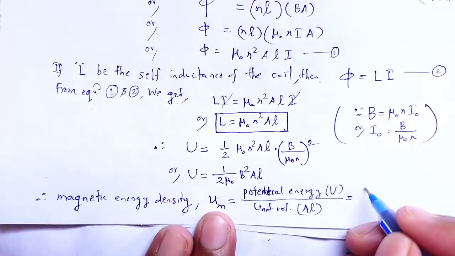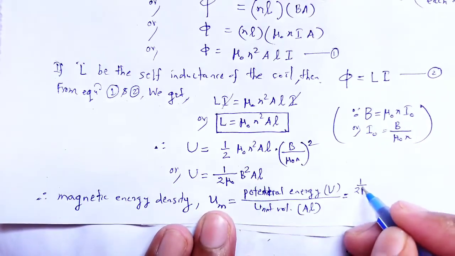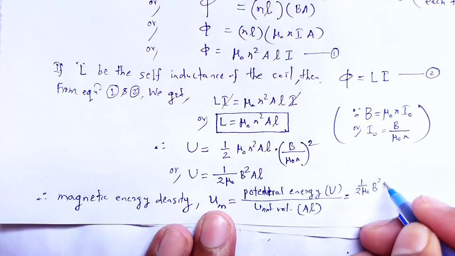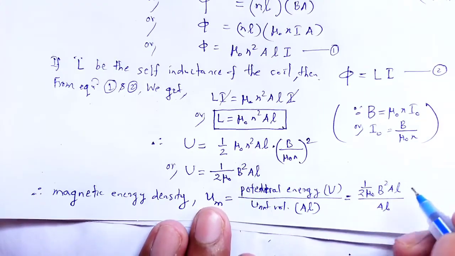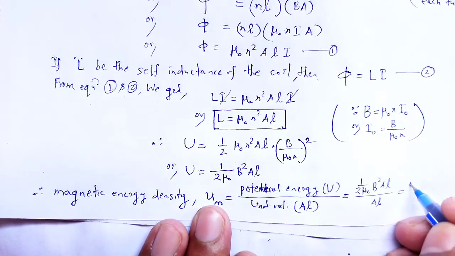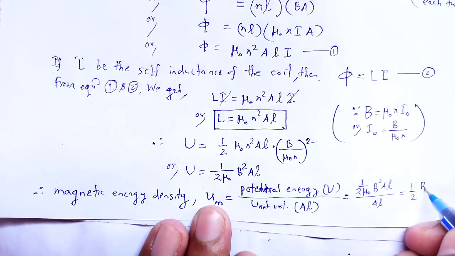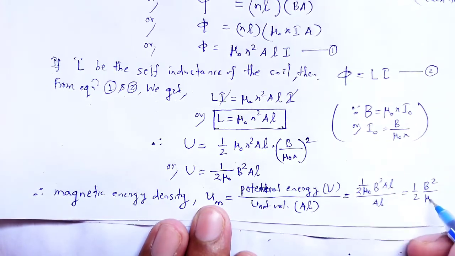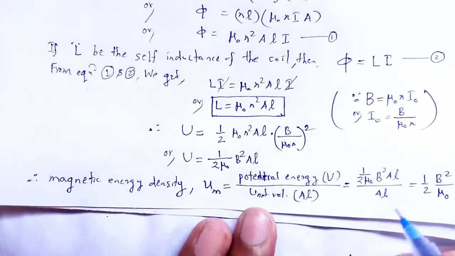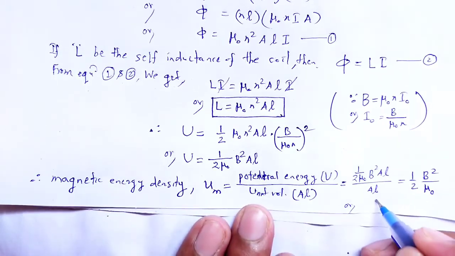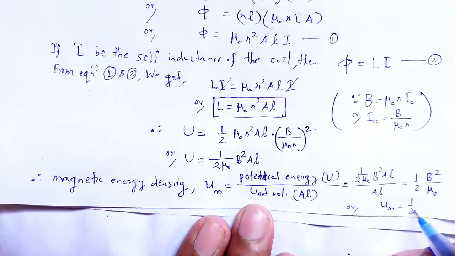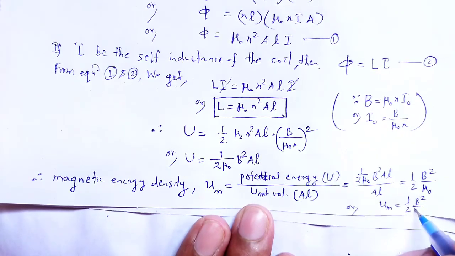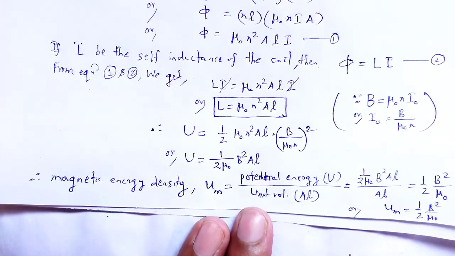So we have B square A L divided by 2 mu naught, divided by A L. Under cancellation we have half B square divided by mu naught. Therefore magnetic energy density Um is equal to half B square divided by mu naught.